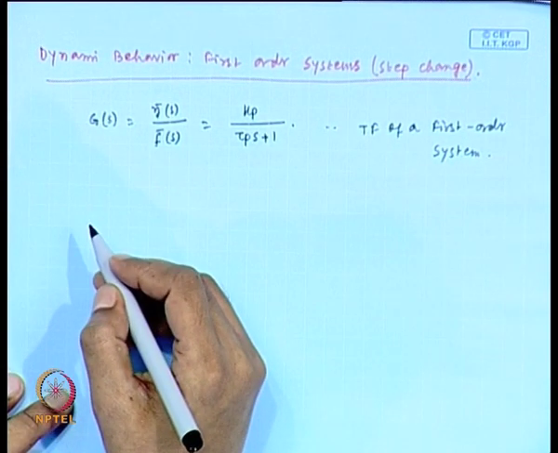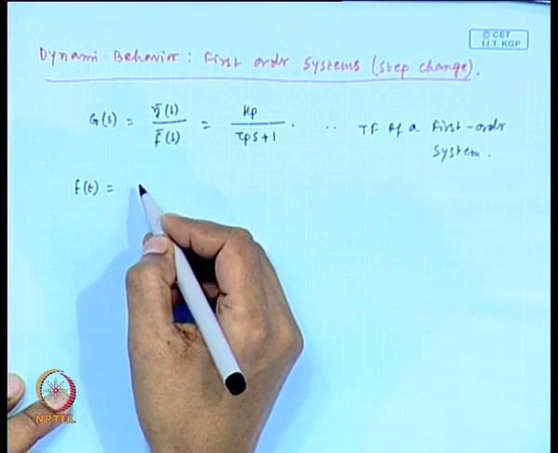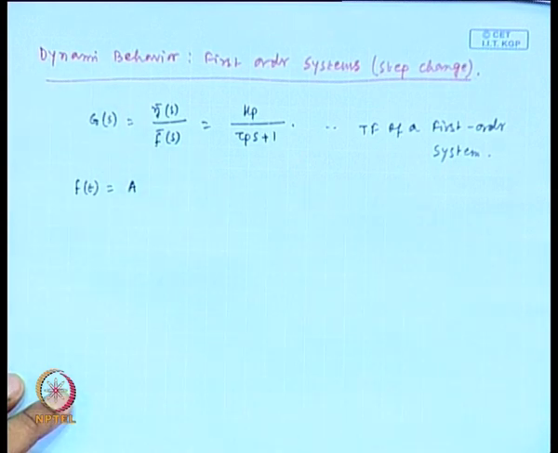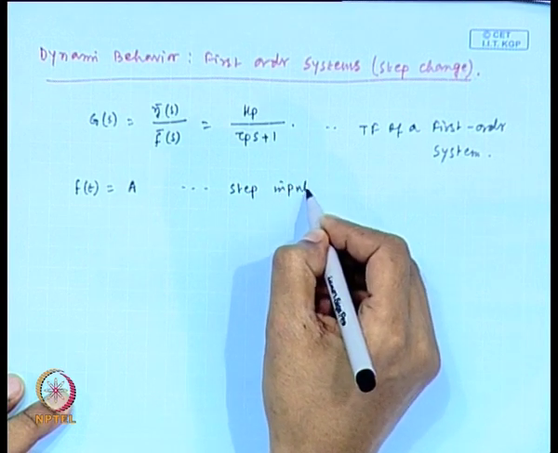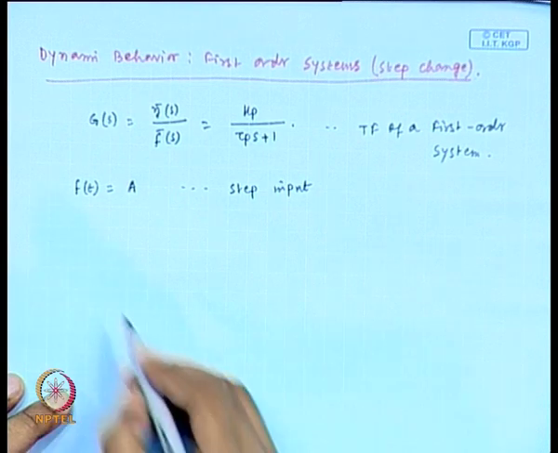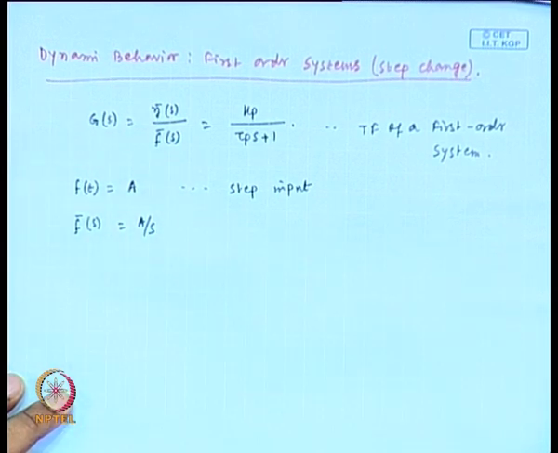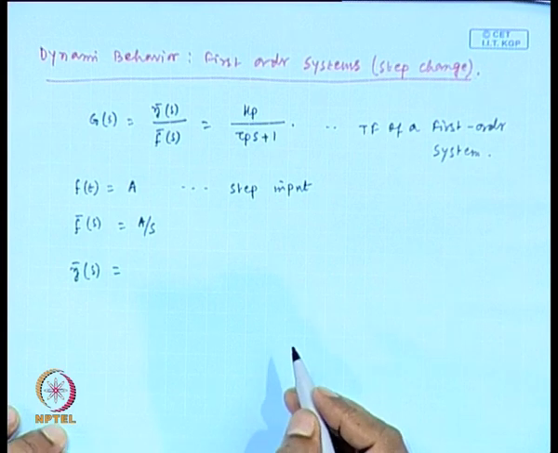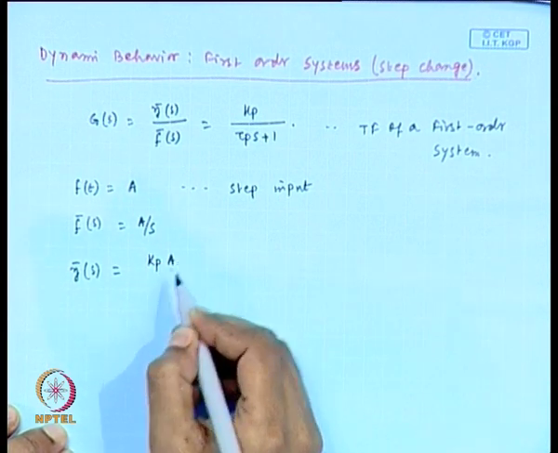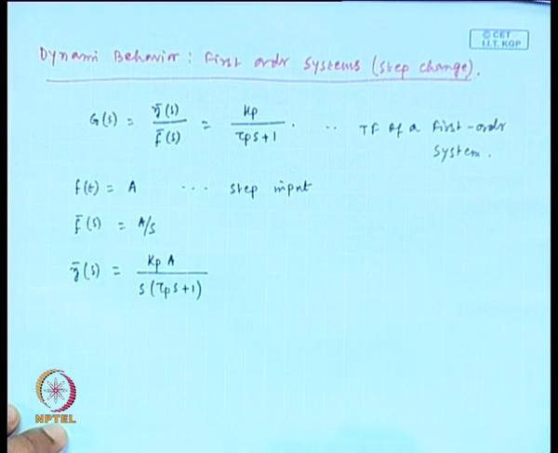Now, we will consider step change with suppose magnitude A. This is step input. Fine. That means F bar(s) equal to A by s. Agree? Then Y bar(s) becomes K_p A divided by s times (tau_p s plus 1).